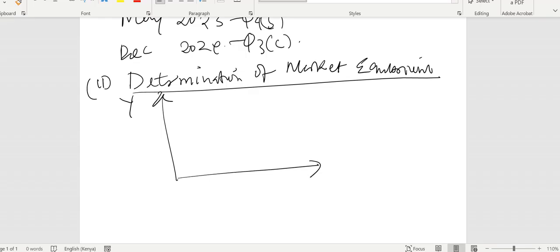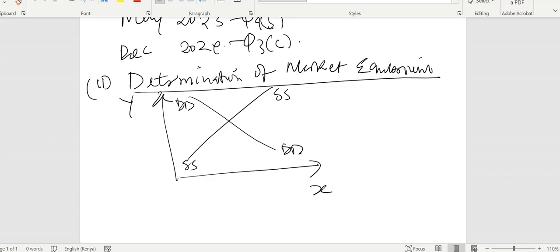This is Y, is it? Which curve is this, the one that slopes from right to left? Supply or demand? Supply. The X is demand.